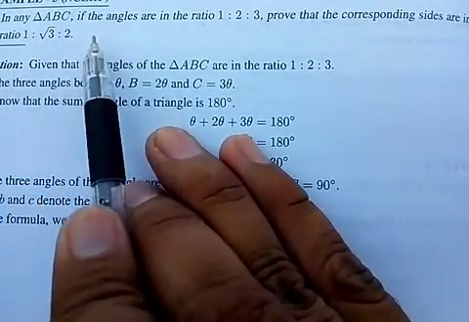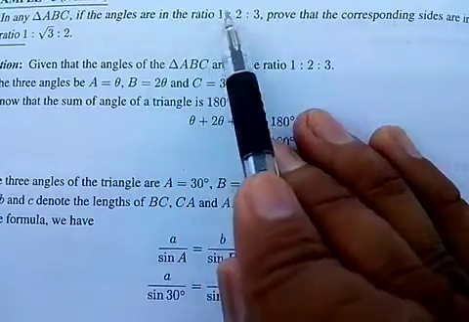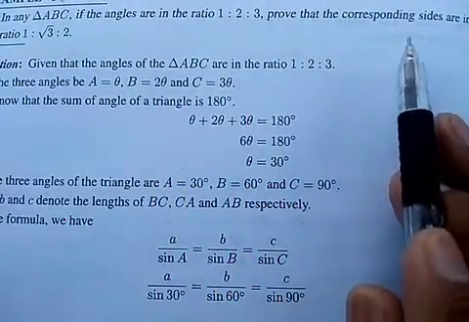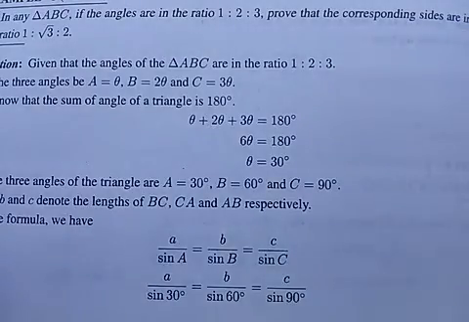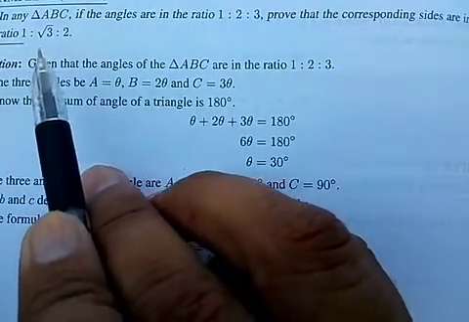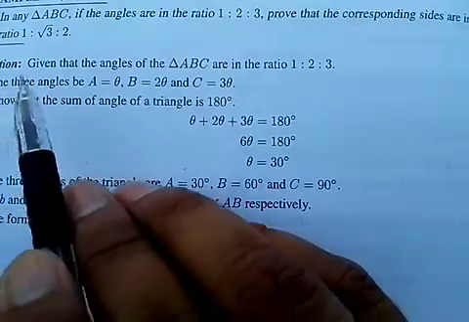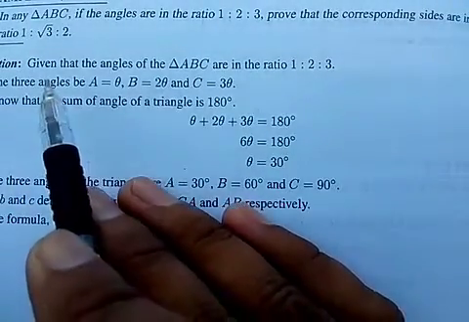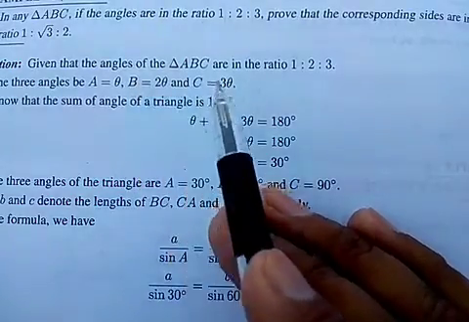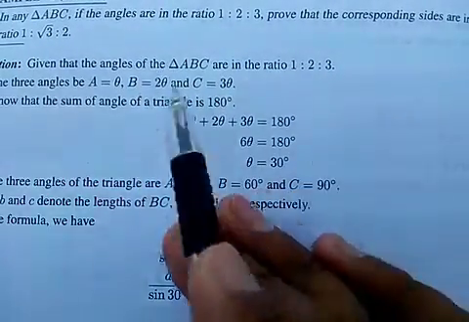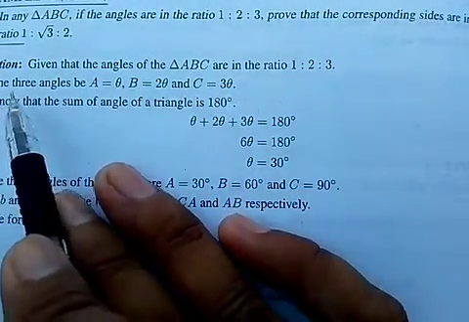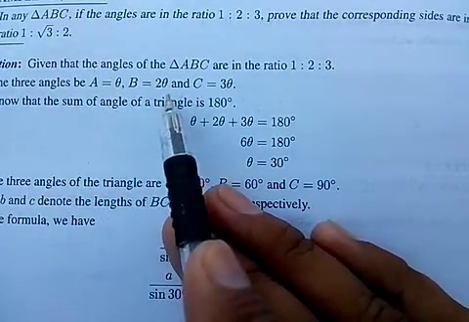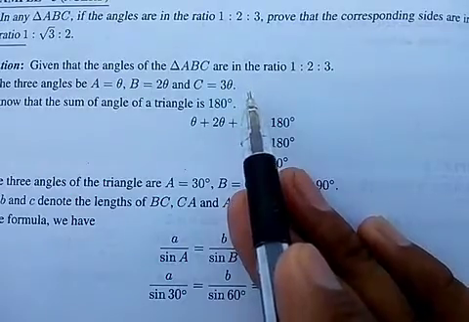In any triangle ABC, if the angles are in the ratio 1:2:3, prove that the corresponding sides are in the ratio 1:root 3:2. Given that the angles of triangle ABC are in the ratio, let the three angles be A equal to theta, B equal to 2 theta and C equal to 3 theta.